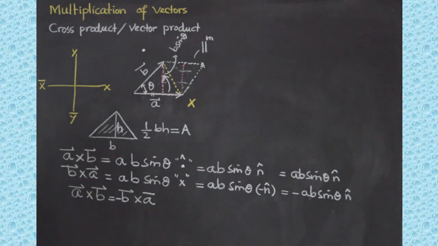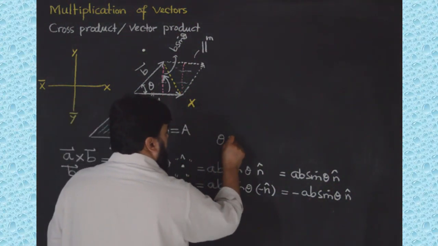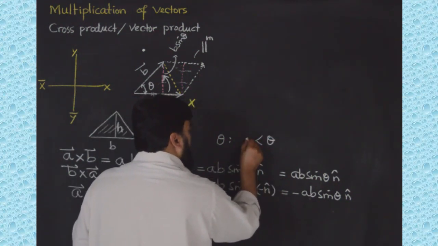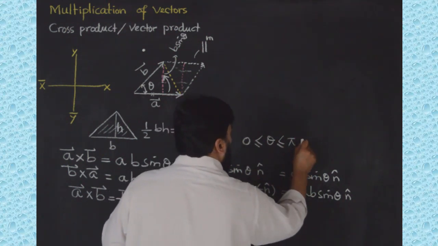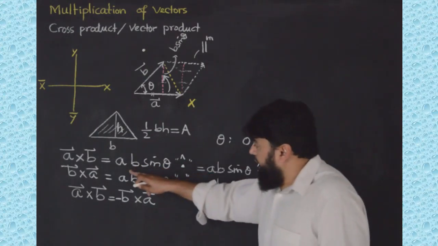And now we will consider some limitations of this. This theta, like in the dot product, has its range greater or equal to 0 and less or equal to pi radians. So we are having A cross B.